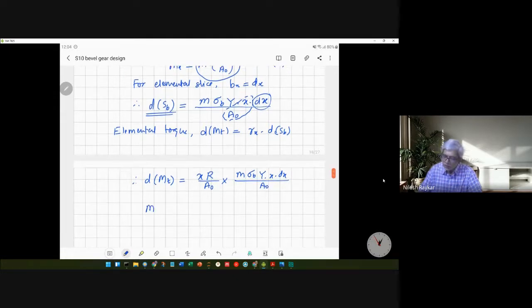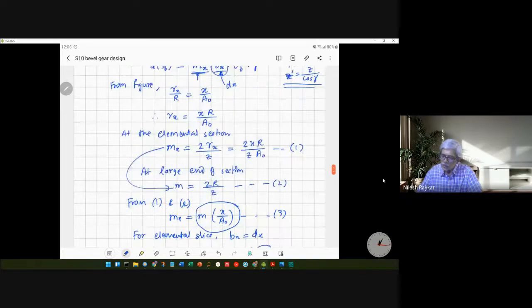So the total torque, which is known to us, would be given as the integration of this particular quantity. This quantity can be written as m sigma b Y R divided by A naught square, multiplied by x square dx. And the limits of this integration will be from the small end to the large end of the width.